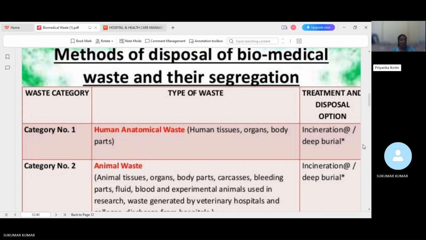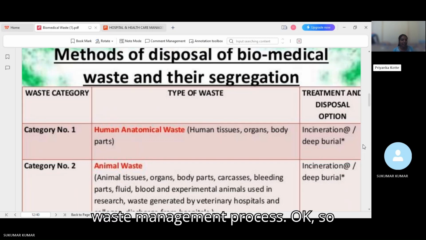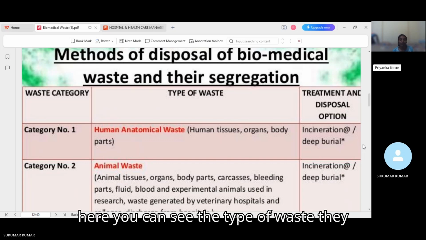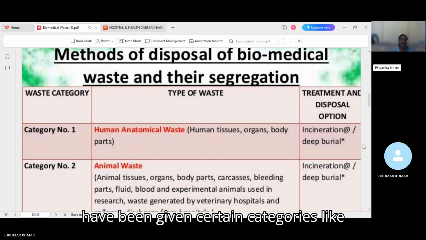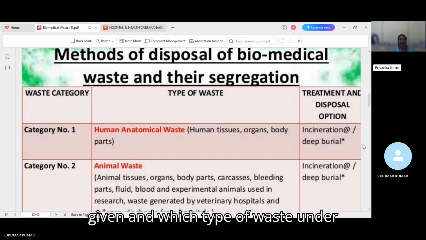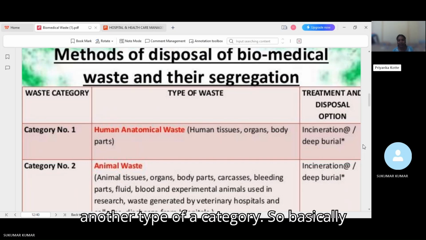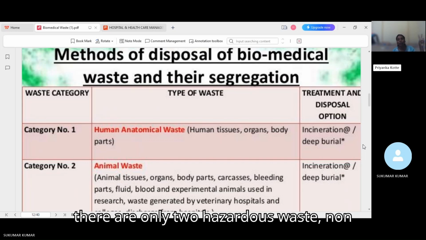Okay, so here the categorization of healthcare waste and methods of disposal is given, how we need to dispose of them. It is under the biomedical waste management process. Here you can see the type of waste. They have given certain categories, like there are 10 categories of waste given, and which type of waste falls under category number 1. This is another type of category. So basically, as we have seen in the first category, there are only 2: hazardous waste and non-hazardous waste.